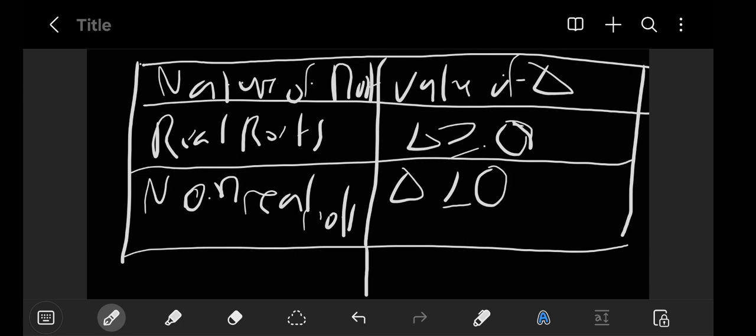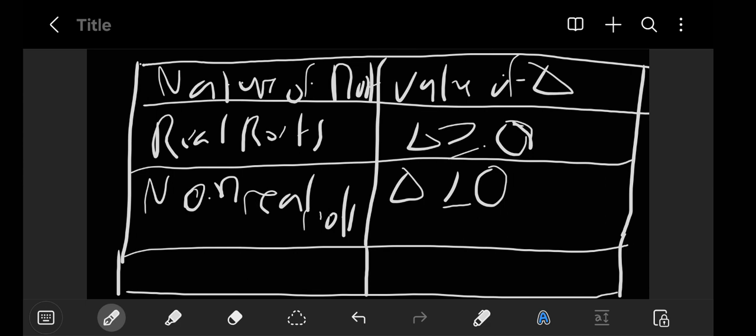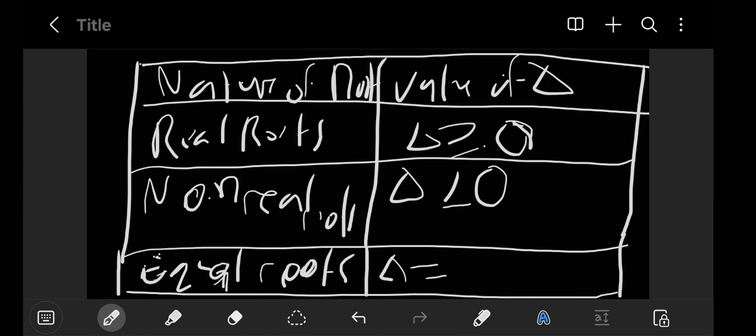And then if we have a solution where we have equal roots, they only have one solution. For equal roots, we say that delta is equal to 0, right? So let me show you a typical example of equal roots.